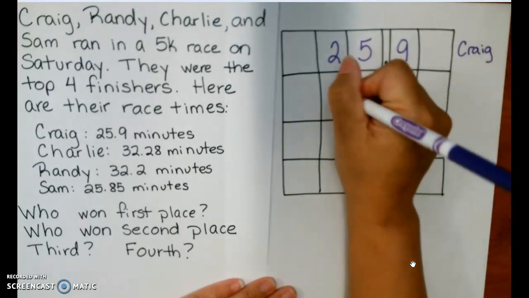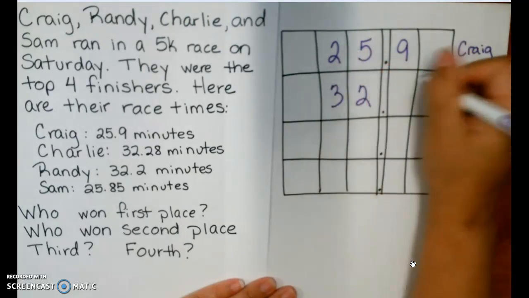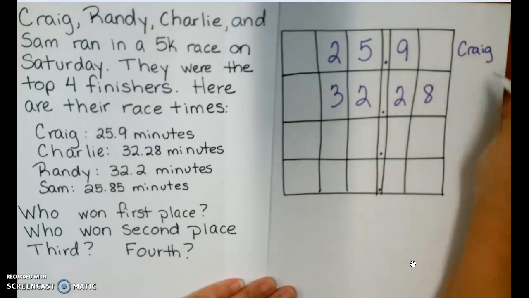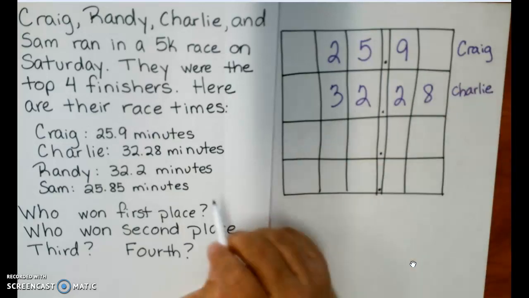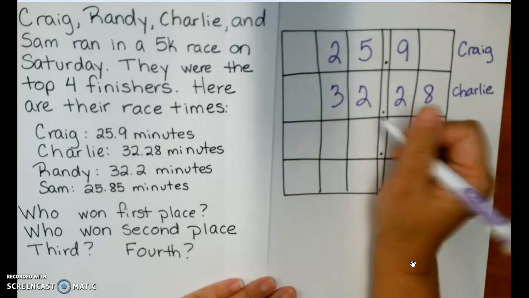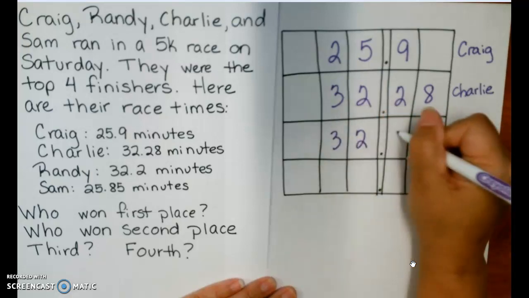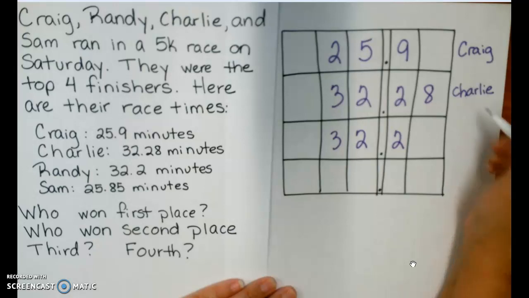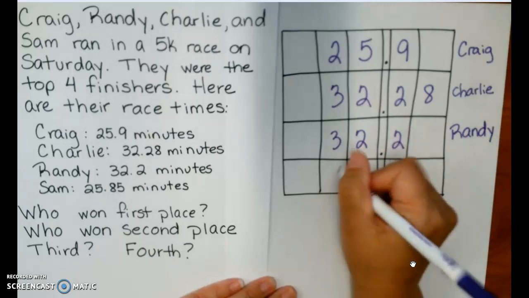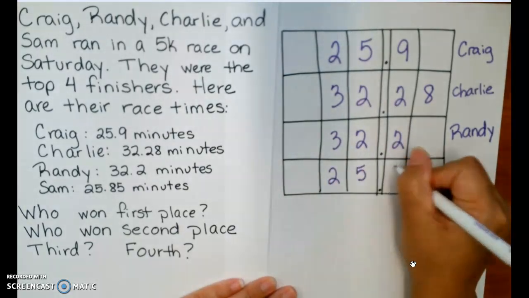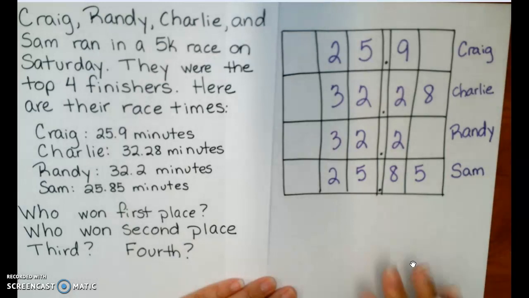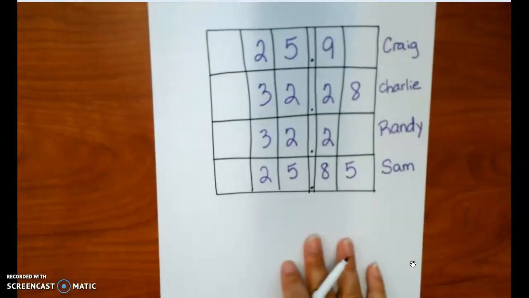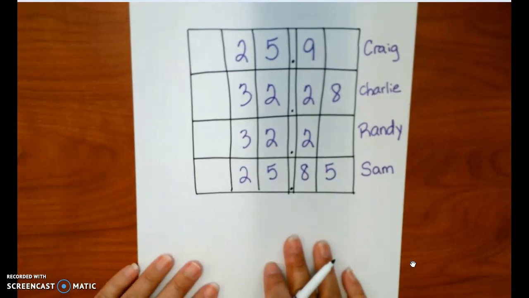I have Charlie at 32 and 28/100 minutes. I have Randy at 32 and 2/10 minutes. And I have Sam at 25 and 85/100 minutes.